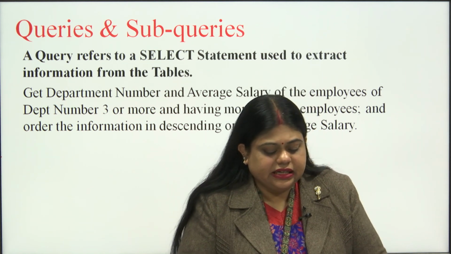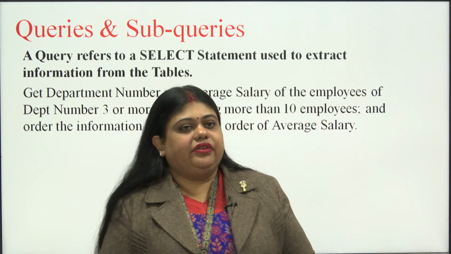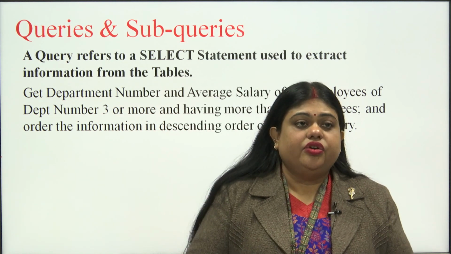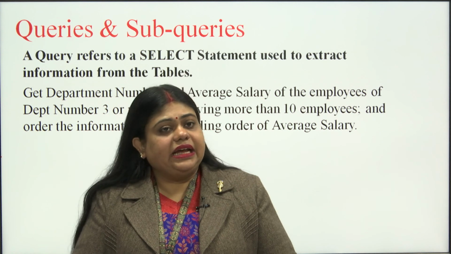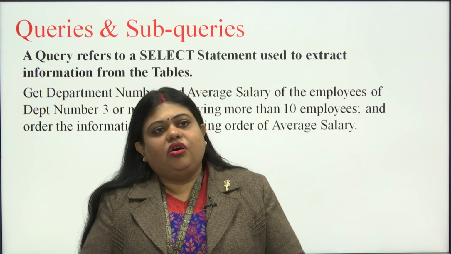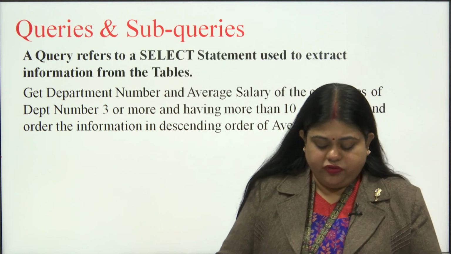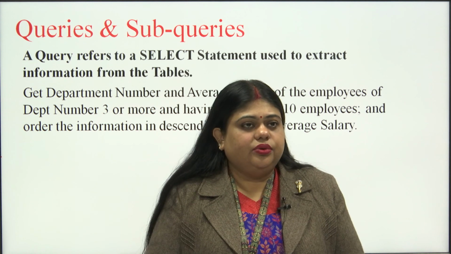Here it says: get the department number and average salary of the employees of department number 3 or more, having more than 10 employees, and order the information in descending order of the average salary. This is the query that we need to implement.